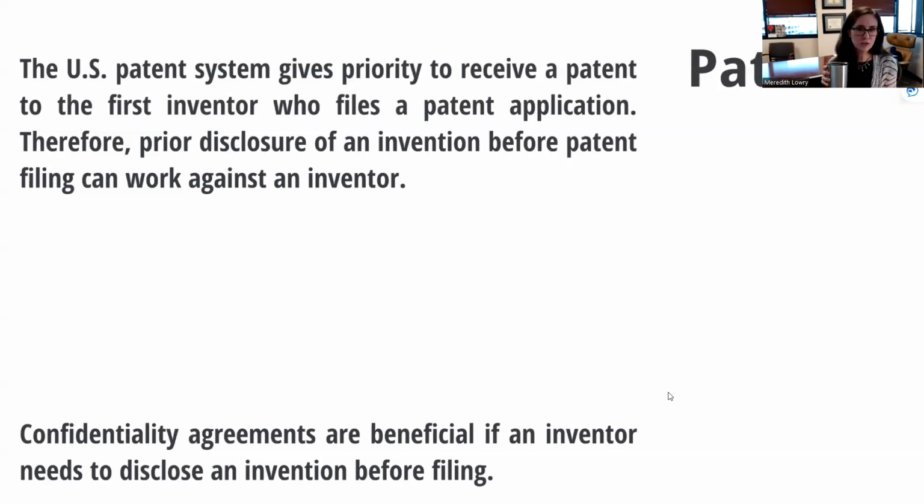So these are important considerations if you're pitching or discussing things. We like to tell people to get confidentiality agreements, and I mean, that's an expense. It's a much smaller expense than filing for a patent. There's also other reasons for doing that.